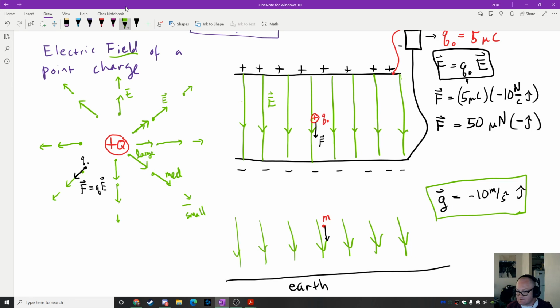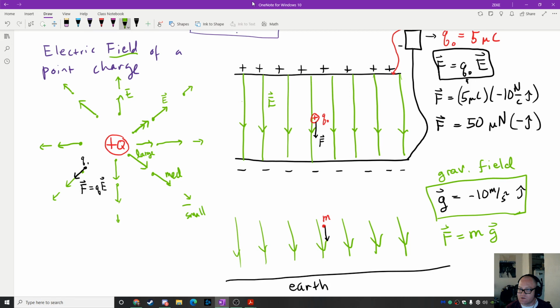Yes, gravity accelerates at about 10 meters per second squared if you're just going to talk about acceleration, but this is gravitational fields, just like electric fields. And to get force, you do exactly the same thing. You take the mass times the field, right? So can you see the similarities? The g is like the E. Electric field, gravitational field.